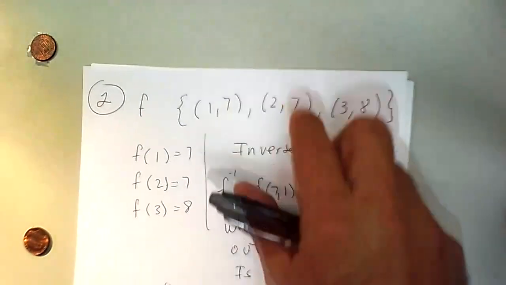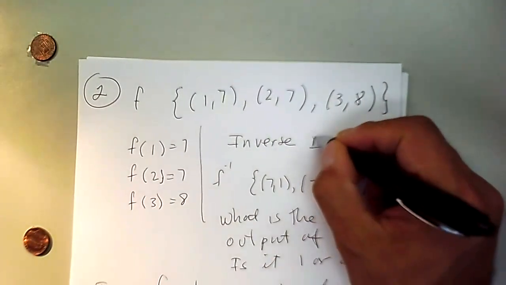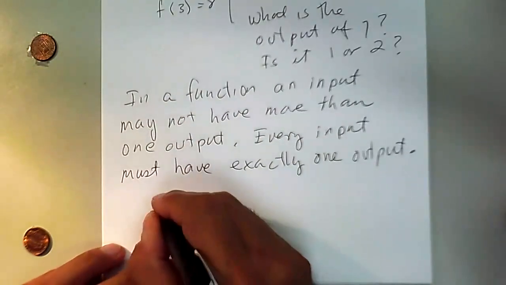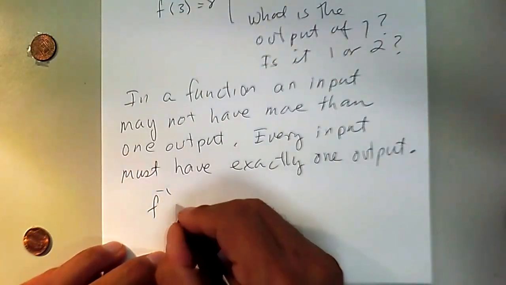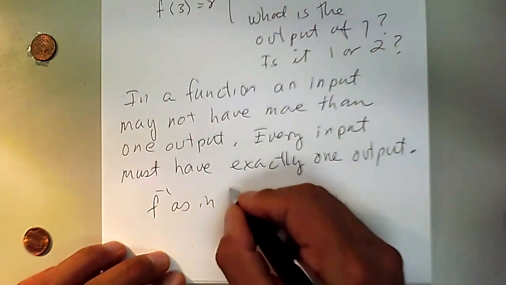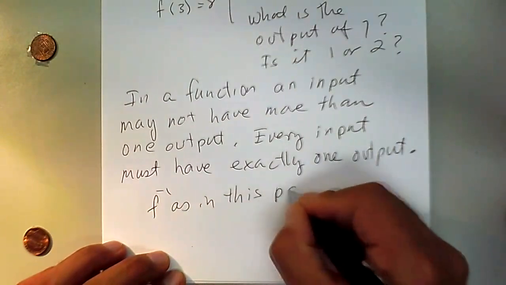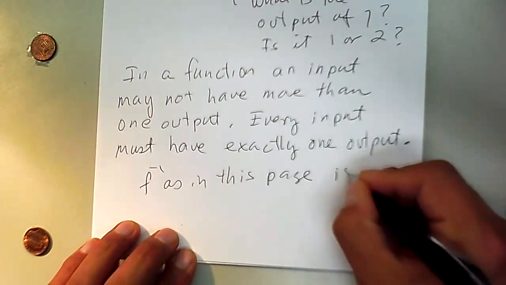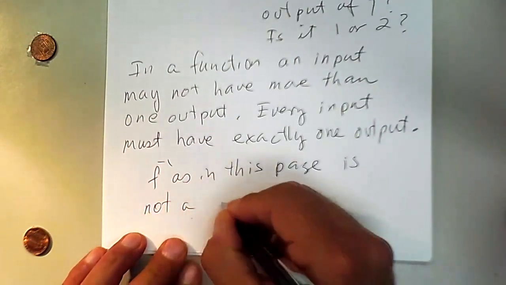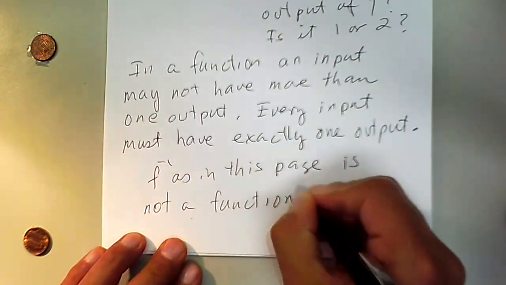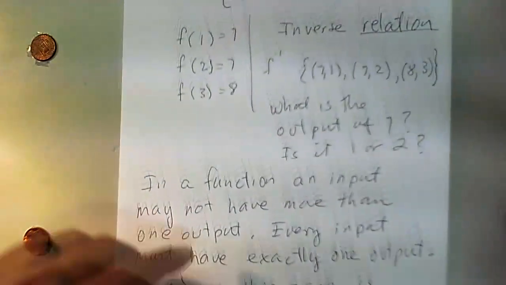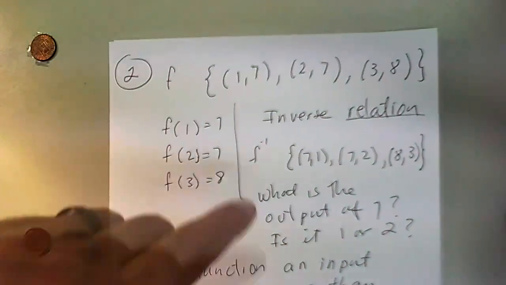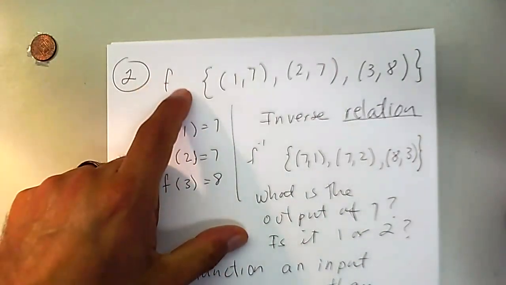So we came up with an inverse relation, but not an inverse function. So f, as in this example on this page, is not a function. Now this is a function nonetheless.